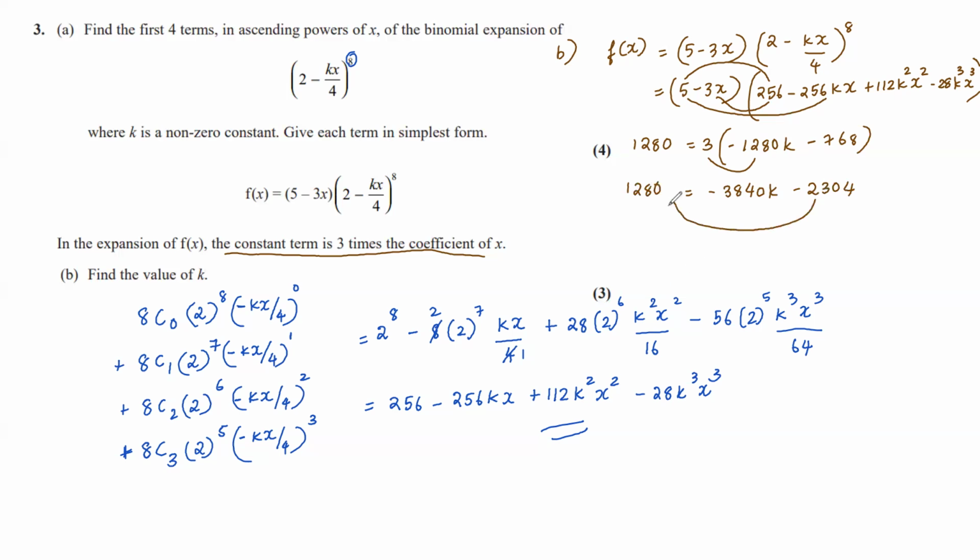Take this minus 2304 to the other side, it becomes positive. 1280 plus 2304 gives us 3584, equal to minus 3840k. Therefore, k will be 3584 divided by minus 3840. Simplifying, we get minus 14 over 15. That will be the value for k.